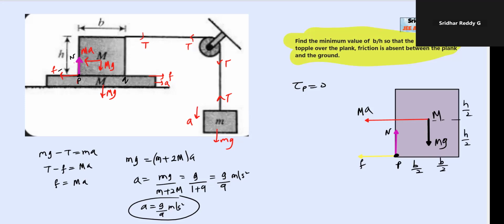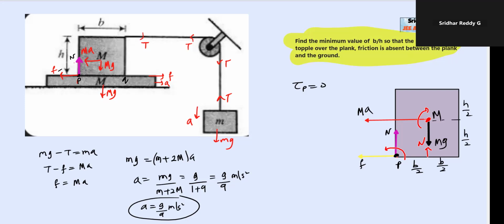You see, like the torque due to the, why are we shifting the normal reaction towards it? So you do one thing, let the normal reaction act here only, no problem. Then in that case, about this point, torque due to friction will be clockwise. Then who should balance the torque due to the friction?